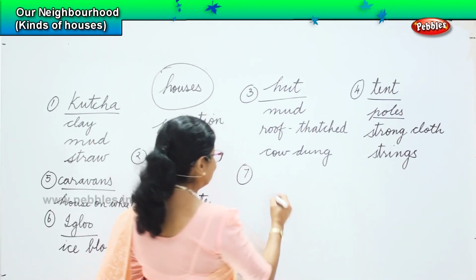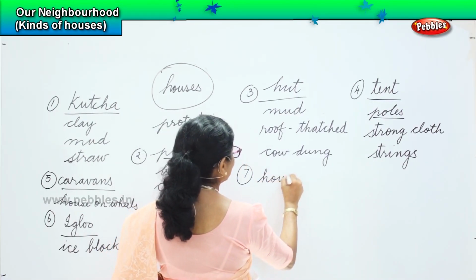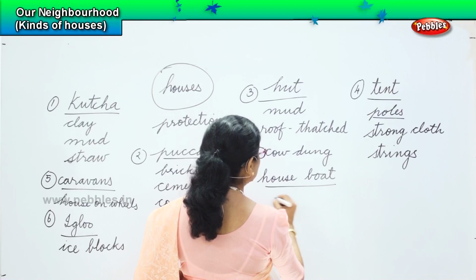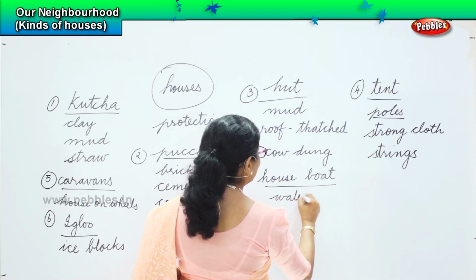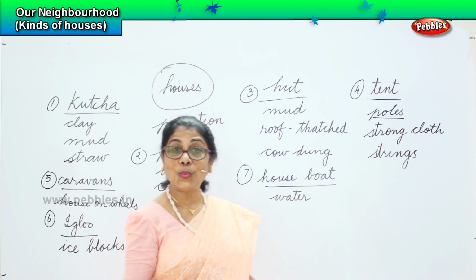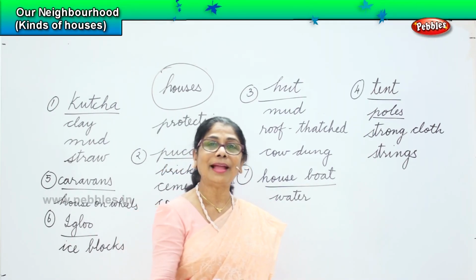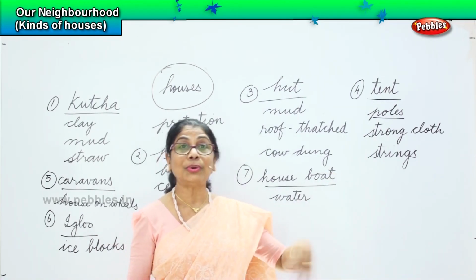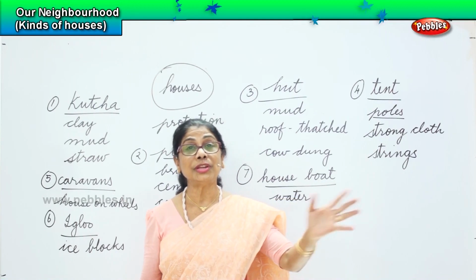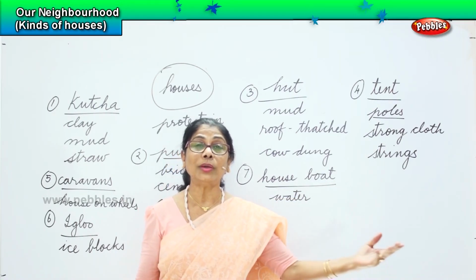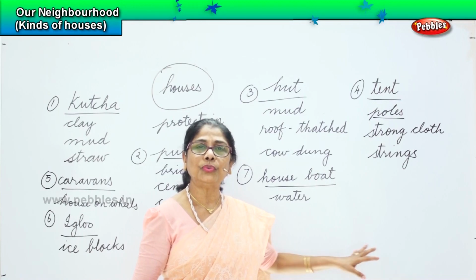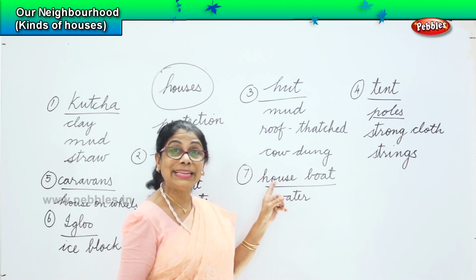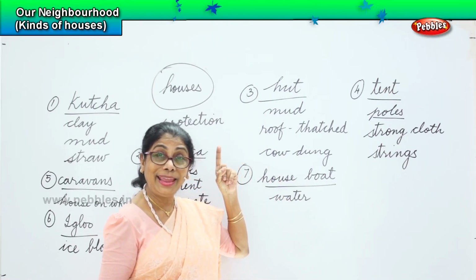Houseboats move in the water from one river to the other. And just like the caravan, the houseboat has everything: a kitchen, dining room, bedroom, toilet. And it's beautiful. It floats in water. Mostly, houseboats are seen in Kashmir, in the Dal Lake.